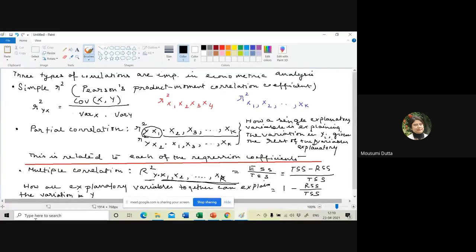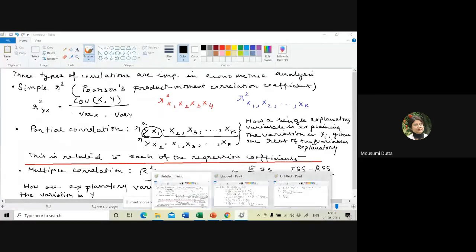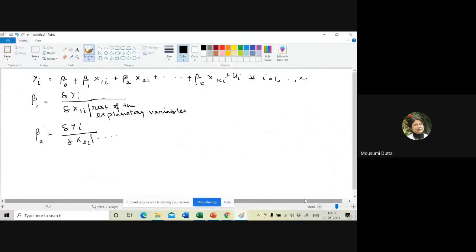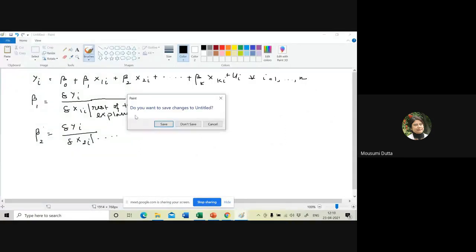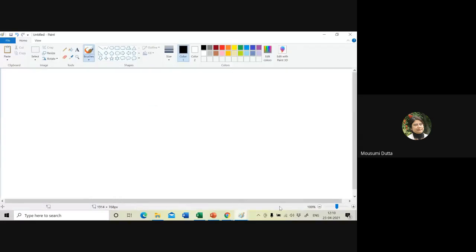Now here also you need to take a note in context of multiple correlation. R square is equal to ESS by TSS.